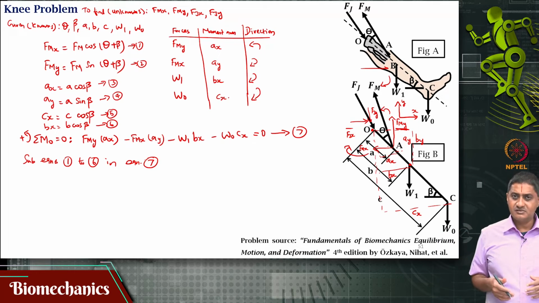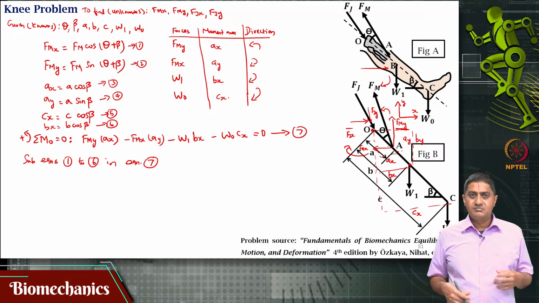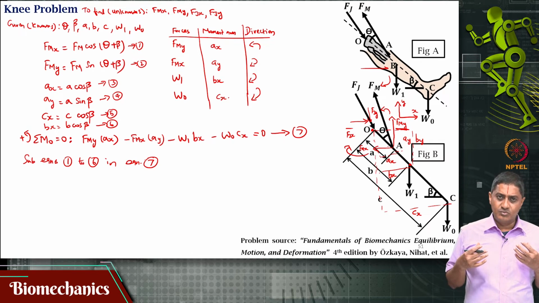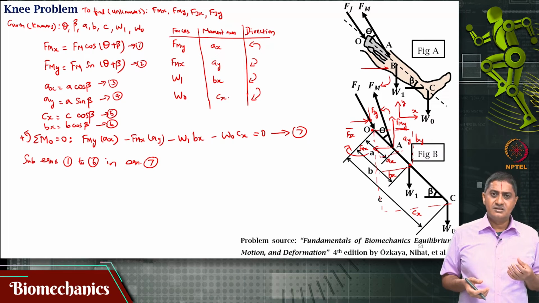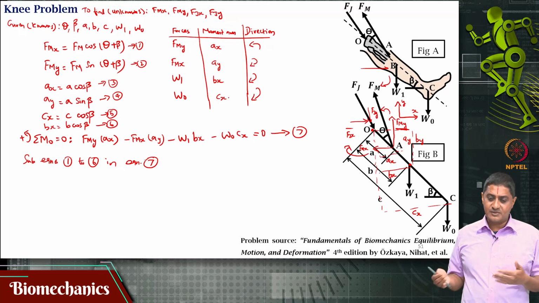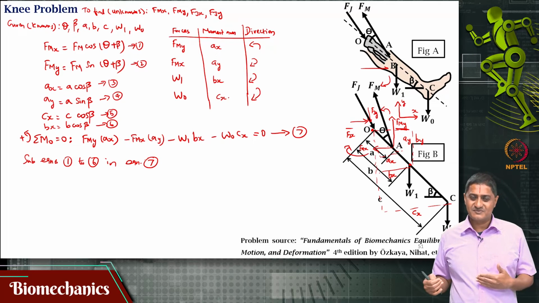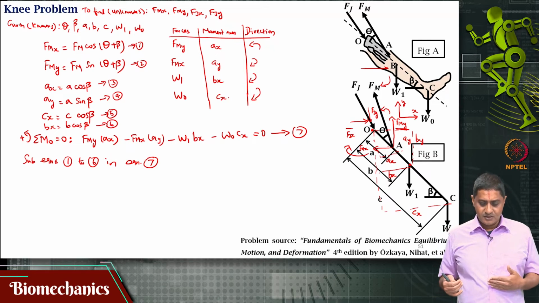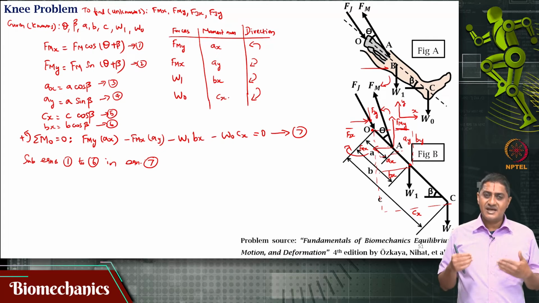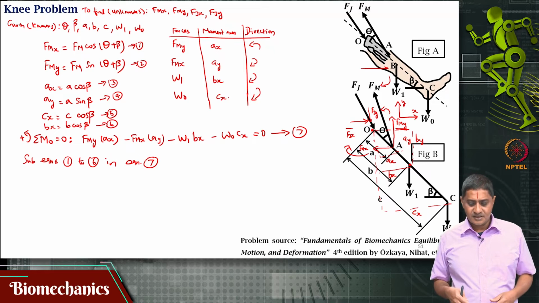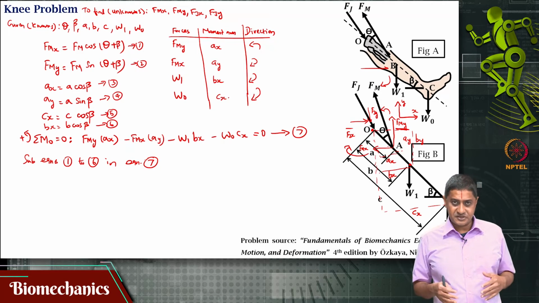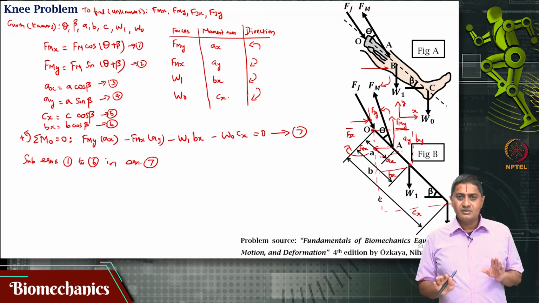After some algebra, please take a few minutes and do the bookkeeping, because I am going to skip a couple of steps. Okay. You can substitute Fmx, Fmy, Ax, Ay, Bx, Cx, all these 6 into the moment equation and do some algebra.